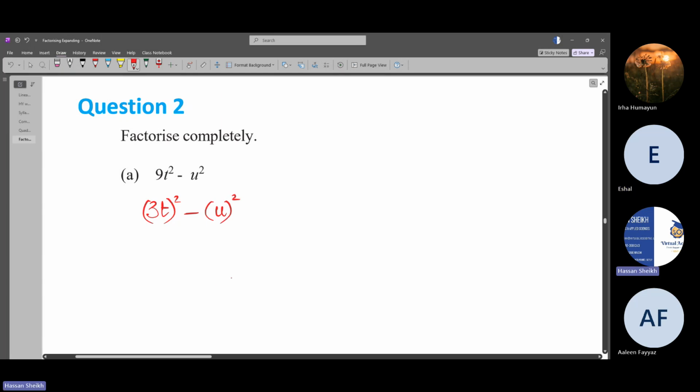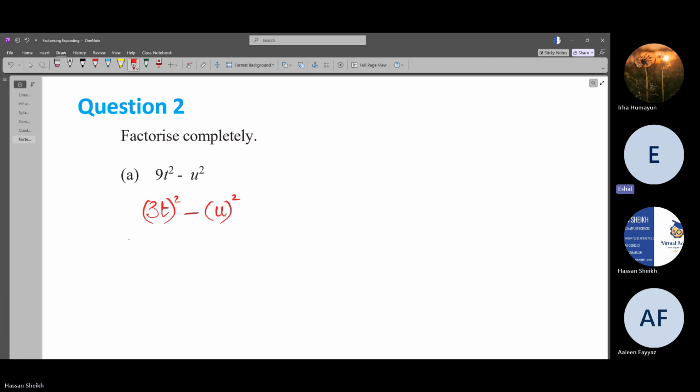Yes. Do you remember any formula that would be applied here? a squared minus b squared equals a minus b, whole, and a plus b, whole.